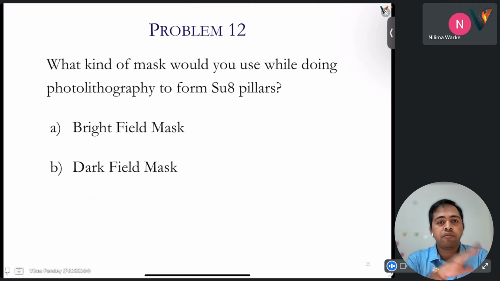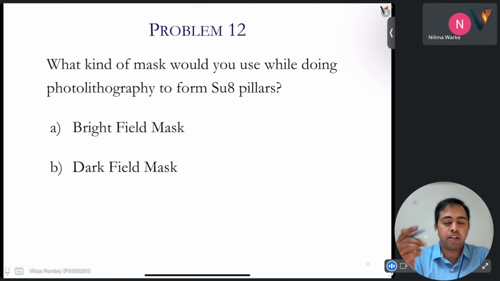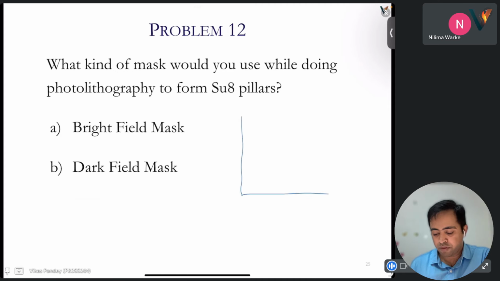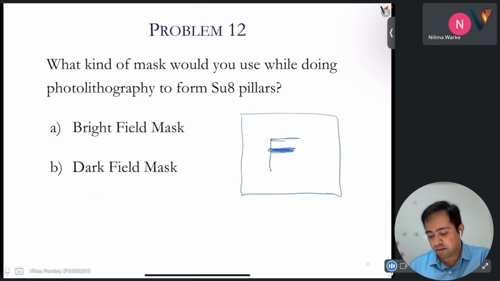Whenever we are talking about the field of the mask, that means what the maximum area looks like. Suppose this is the pattern, and the other part is transparent.